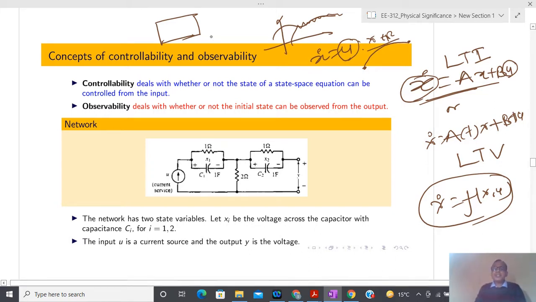Suppose I have to communicate with the whole batch. I know that if I just communicate with the CR, that information is transmitted to the whole class. So if I just manipulate one variable, the CR, I can manipulate the whole class. That kind of notion is called observability.